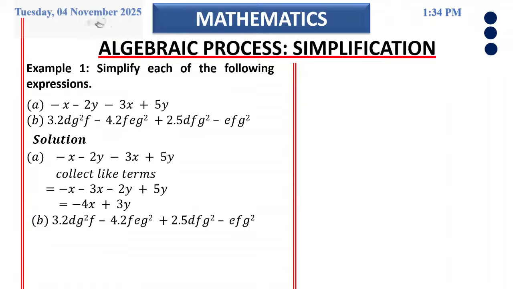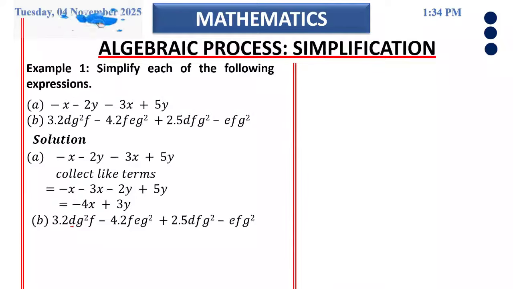Now, when you have something like this, you have to be very careful. At times, they might not be in the same order, but if you check very well, they have like terms, meaning that they don't have more or less of any of the variables than the other.